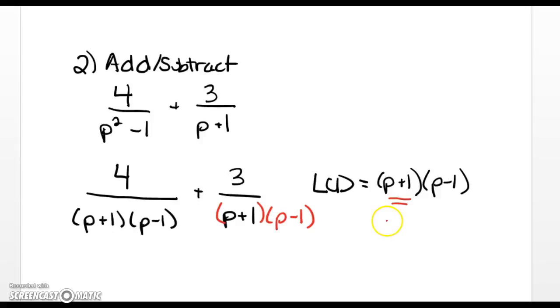And then remember, just like what we did in the beginning of this video, you want to keep this expression equivalent. So what you do to the bottom, you have to do to the top. So you multiply the top, or your numerator, by p minus 1.